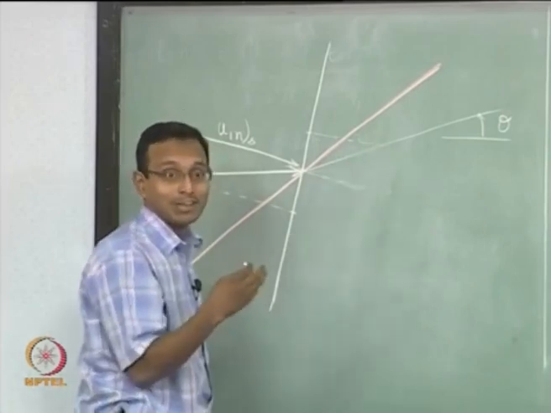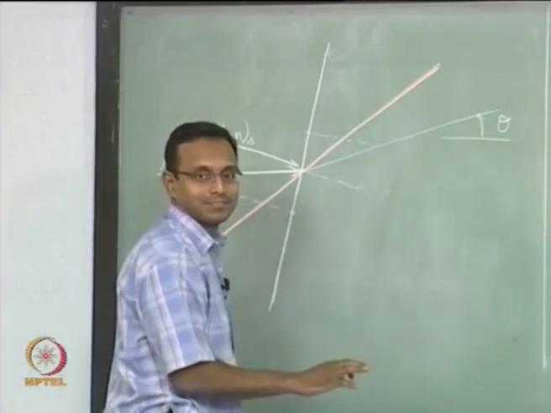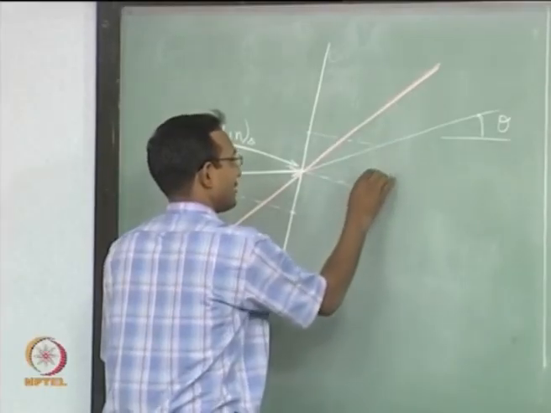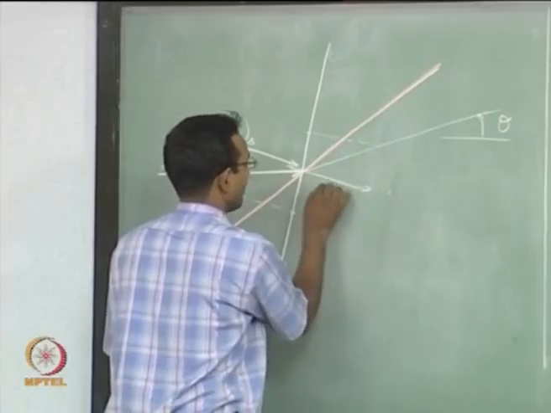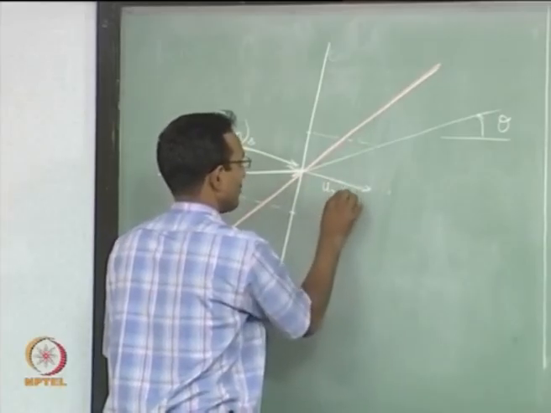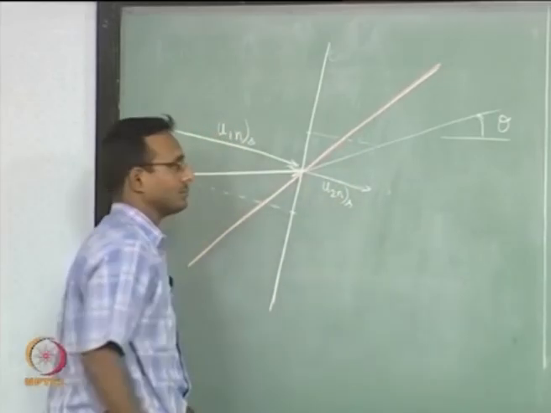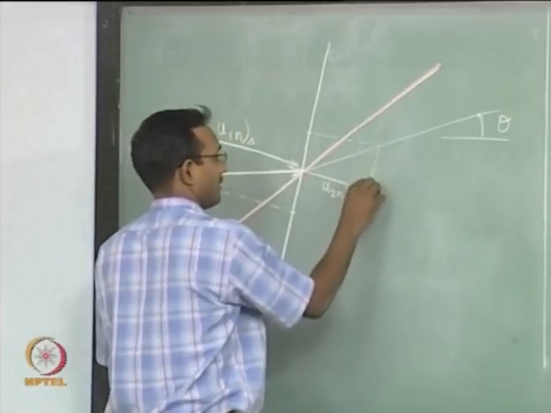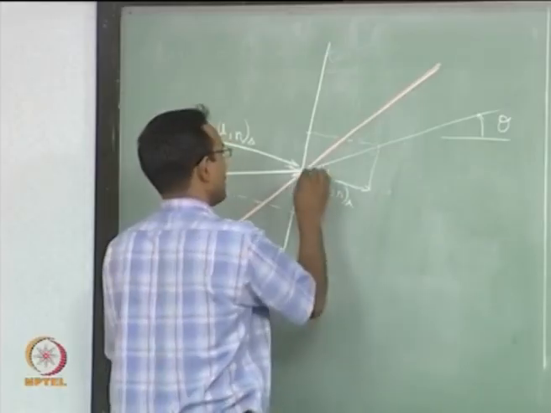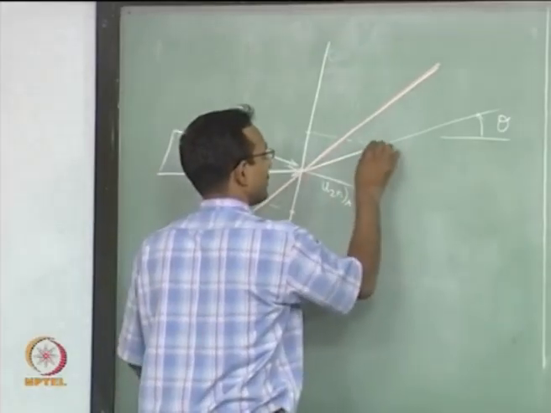I am drawing in a particular way so that it goes along that theta. So, this is my u2 normal for the strong shock, and this is my other tangential velocity. So, now my final vector happens to be this.